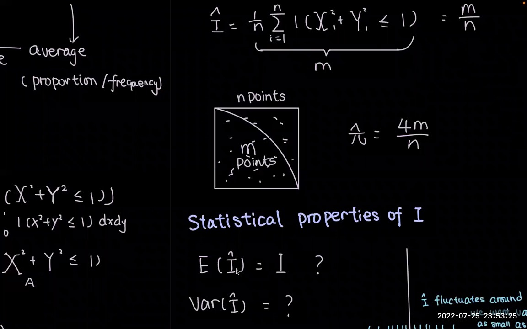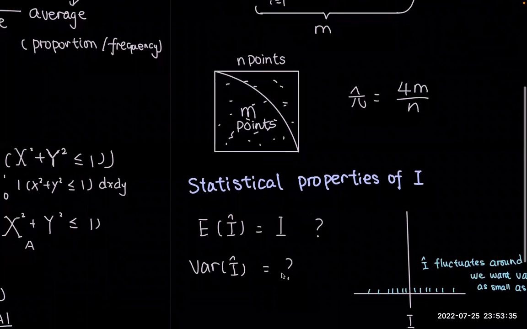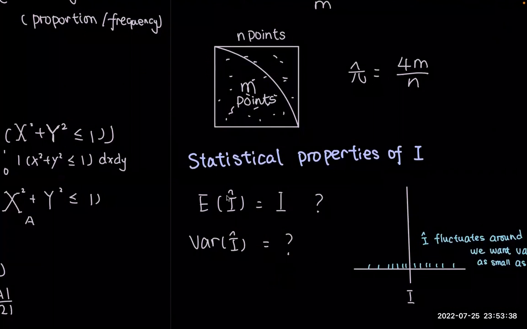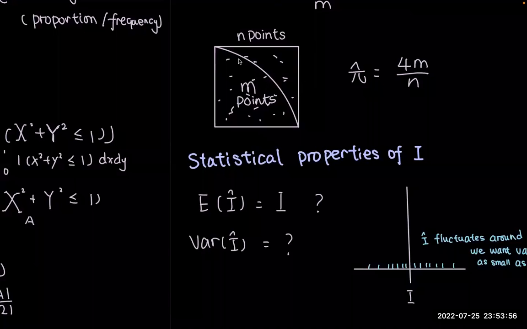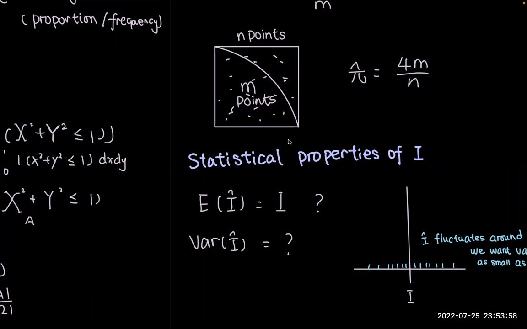Or in other words, this I hat, as a random variable itself, fluctuates around the true unknown constant I. And certainly we hope that this I hat is accurate, where the accuracy can be measured by the variance of this I hat. Suppose we repeat the experiment a lot of times, or in other words, suppose each one of you in this class performs the same experiment, throwing 10,000 points into the unit square and counting how many fall below this curve.